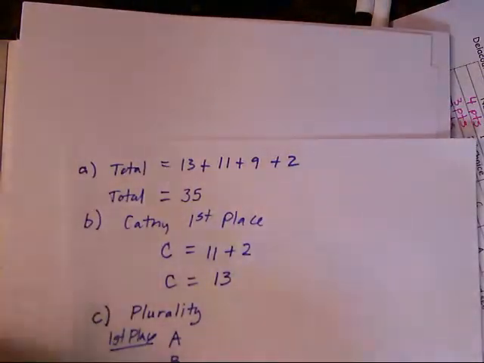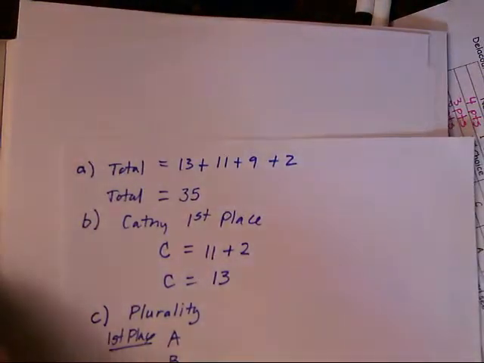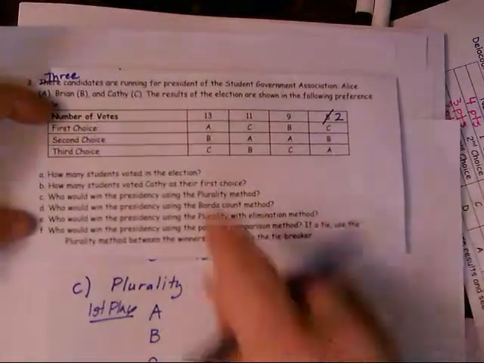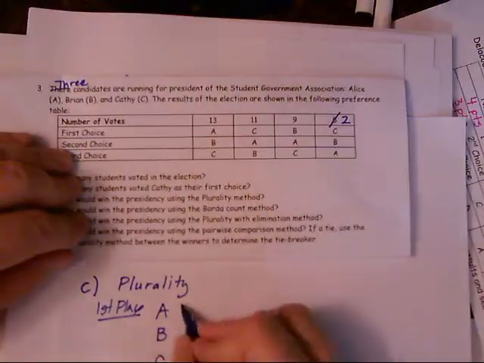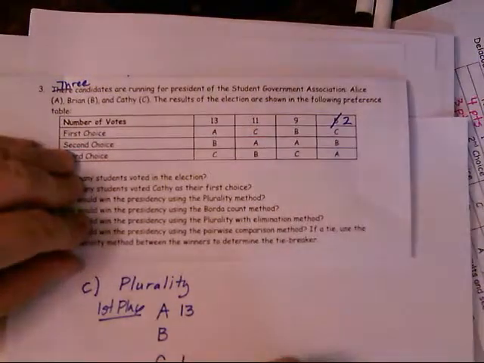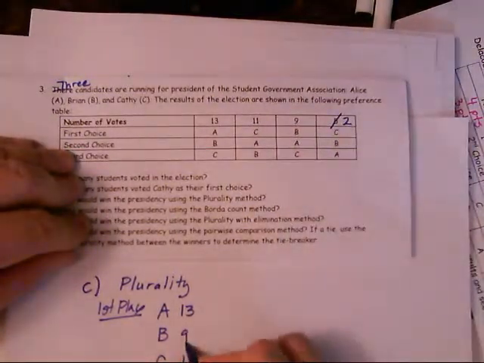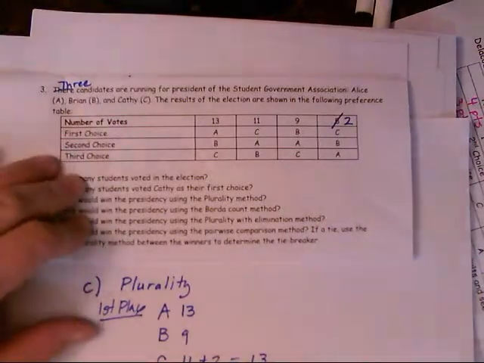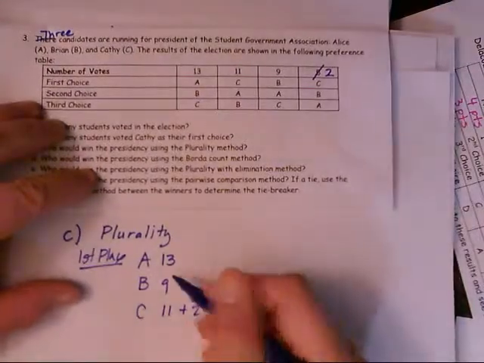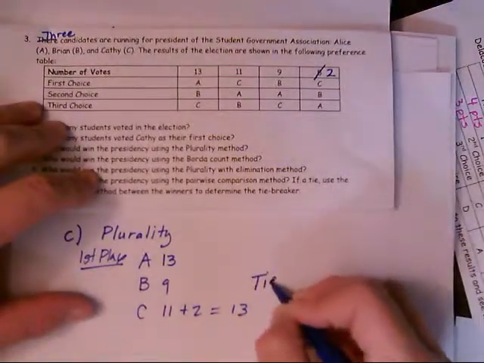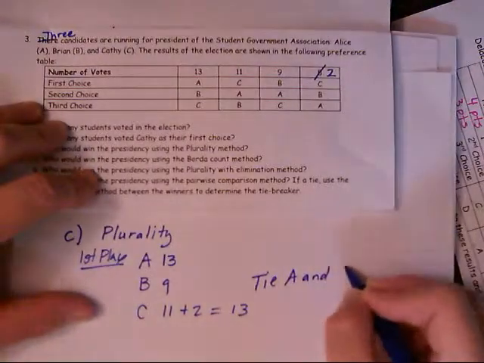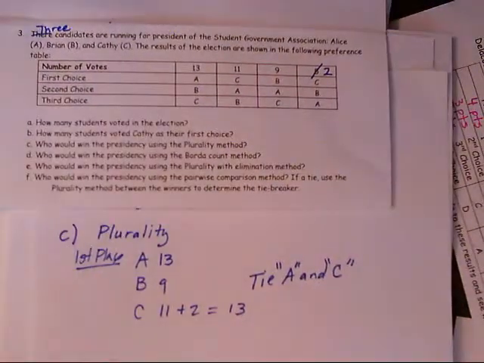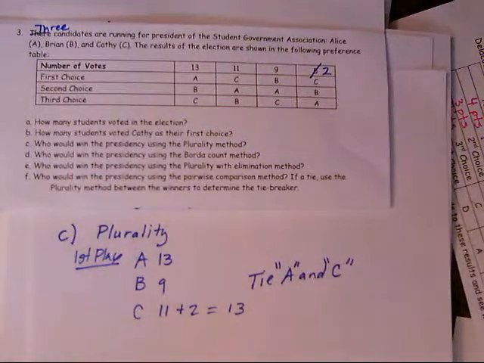Let's see if I can fold this a little more strategically here. Okay, first place votes. 13 put A, 11 put C, 9 put B, and 2 put C. So that gives 13 to C and 13 to A. So we have a tie with A and C. Now, on the test, if there is a tie, I will give you instructions about how to break the tie.